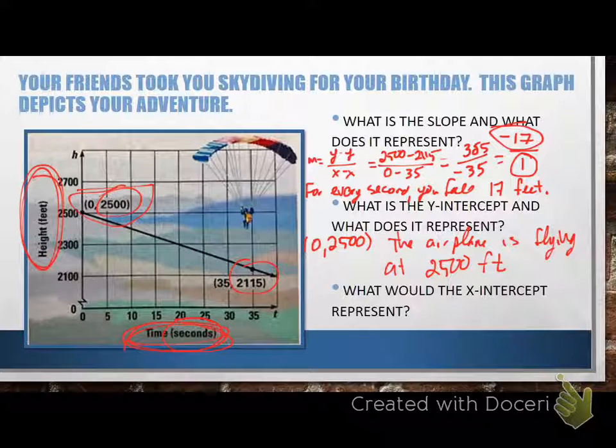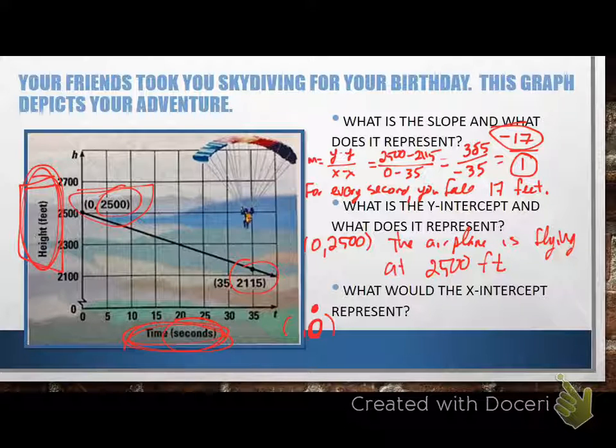Now, the x-intercept we can't find. So if you had a hard time finding the x-intercept, that's okay. Because, well, we don't have enough graph, number one, and we don't have good points to walk from. So what would it represent? Well, we know we'd be down here somewhere, and the y-coordinate would be 0, right? Remember that y is your height, right?